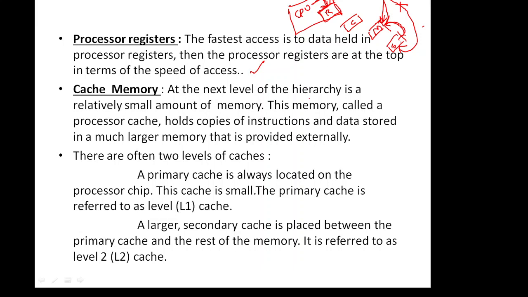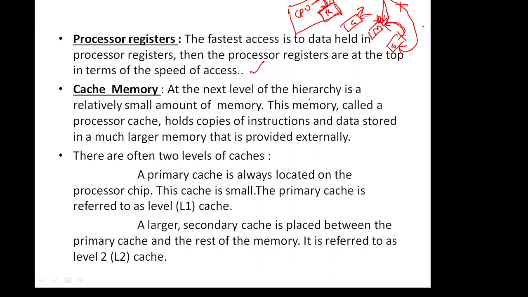When it comes to the cache memory, it is the fastest memory. Why? Because the cache will be near to the CPU. And the purpose of this cache is to hold the copies of the instructions and data stored in memory. For example, a copy of the main memory data is going to be stored in the cache memory.